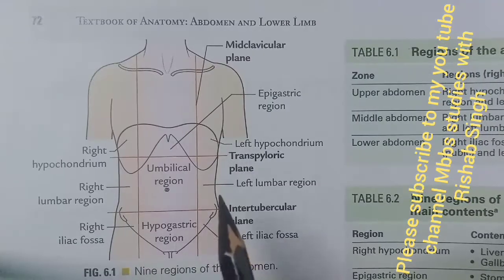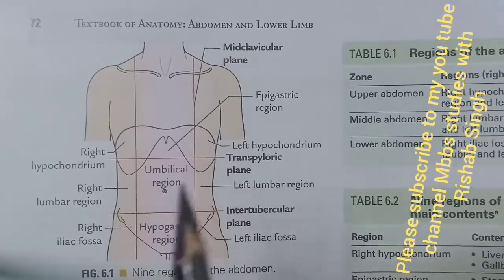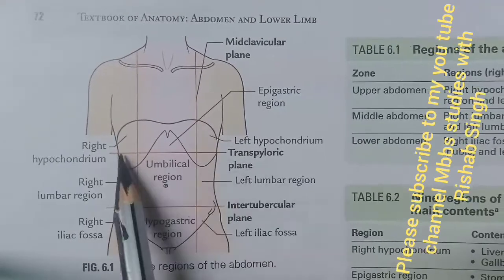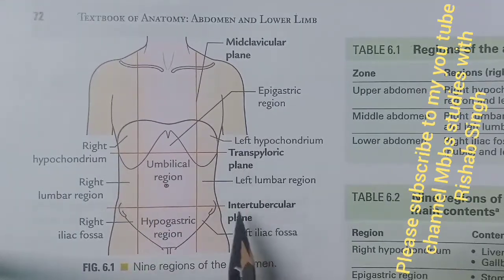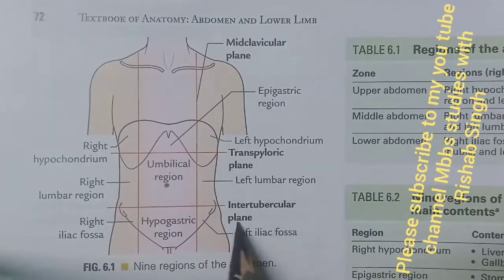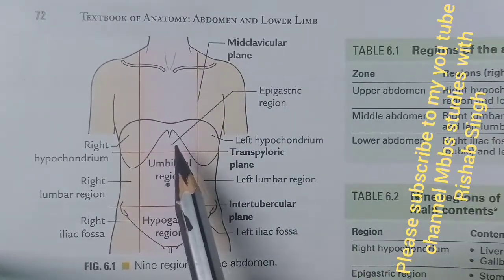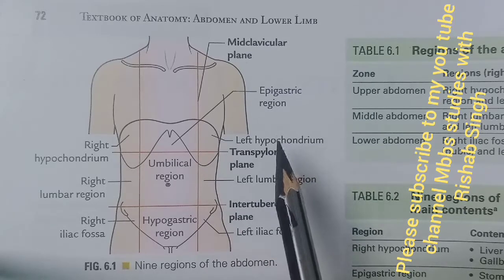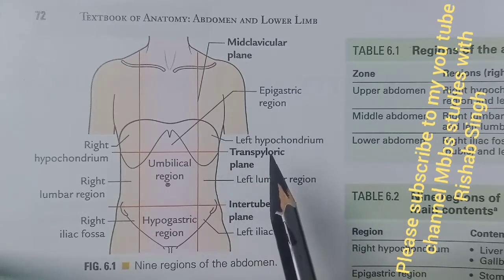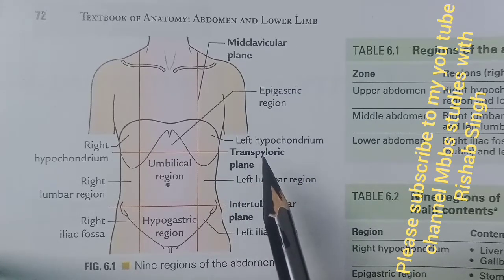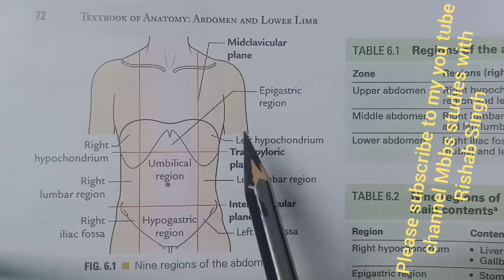As you can see in the figure, these are the transpyloric plane, intertubercular plane and the mid clavicular plane. So basically there are 4 imaginary planes, 2 vertical and 2 horizontal, present on the anterior abdominal wall, which divide the 9 regions of the abdomen.